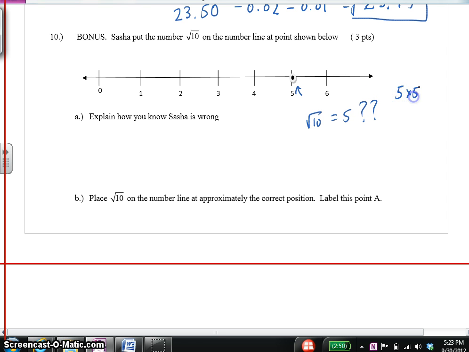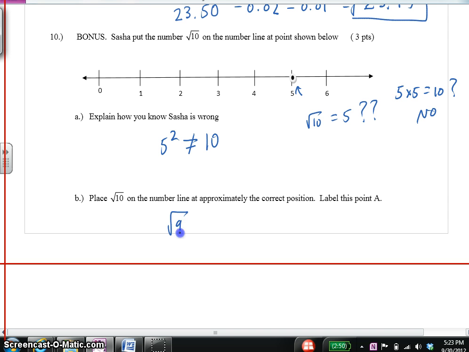So is 5 times 5 equal to 10? No. Okay? That's how we know Sasha is wrong. Because 5 squared is not equal to 10. It's equal to 25.